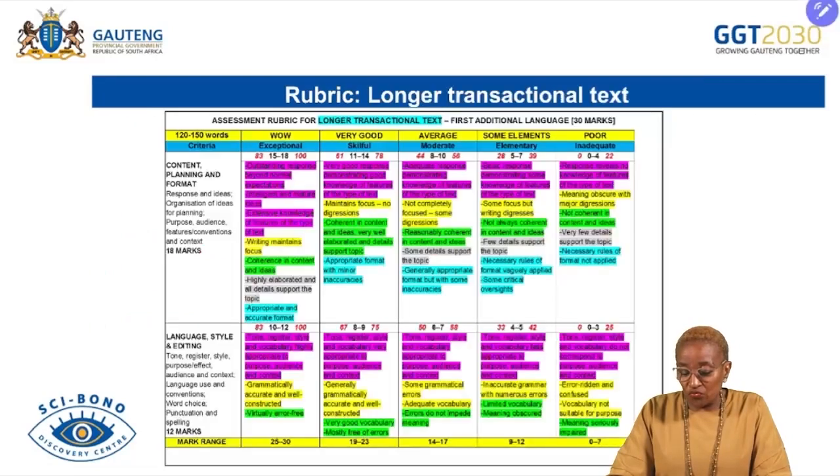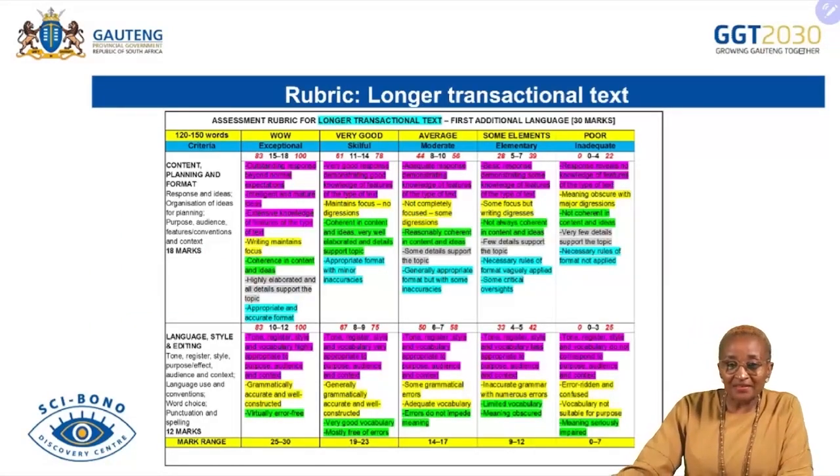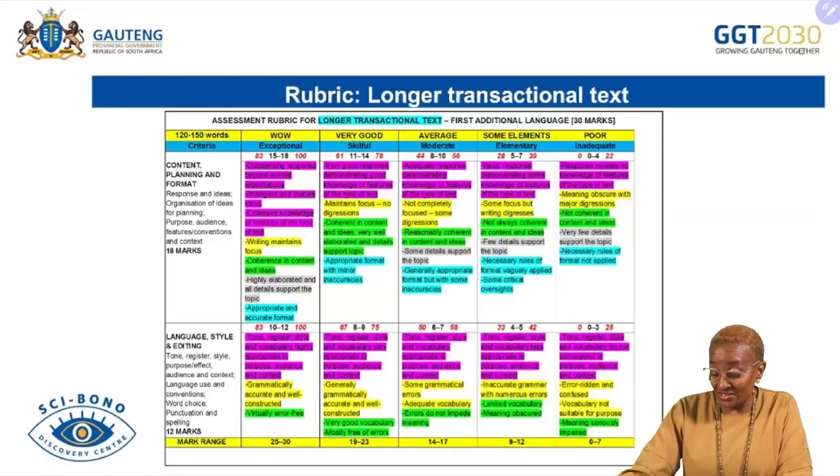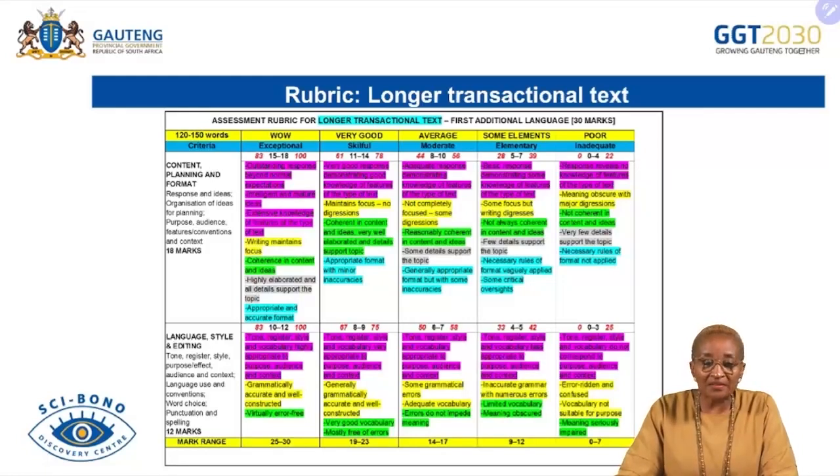Let's now move to the rubric for a longer transactional text. Please note that it is important that you understand the rubric. There's no way that you can give us a good piece if you do not understand the rubric.